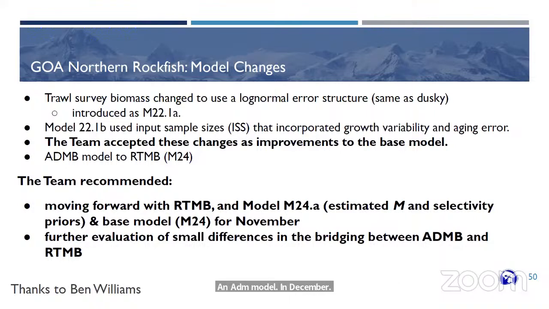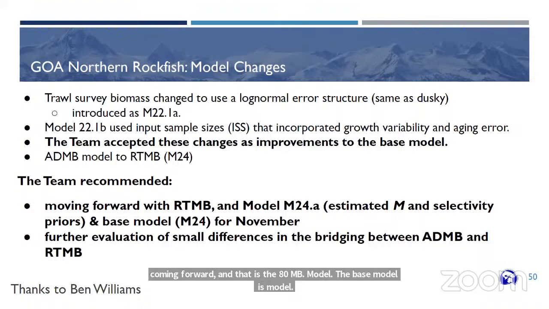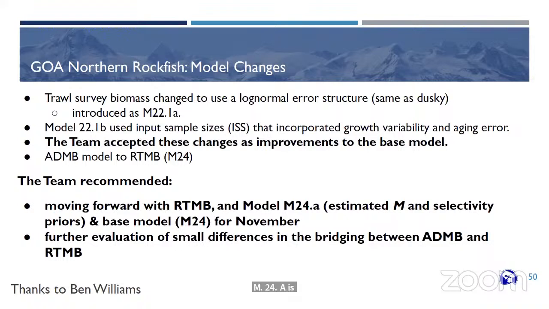So I say the base model here, the second to the bottom bullet, is coming forward, and that is the ADMB model. The base model is the ADMB model. M24A is the one that we're recommending. Well, sorry, technically there would be three. There would be RTMB and M24A with a different M and selectivity prior, and then the base model for M24, which are all coming forward.